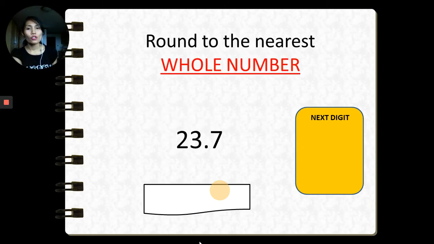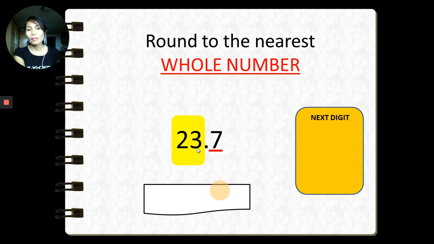Let's round to the nearest whole number. Where is the whole number here? 23. So that means we will round this off to the nearest whole number. There will be no decimals. The whole number here is 23, but we have to decide, are we going to add 1 or not? The next digit is 7.